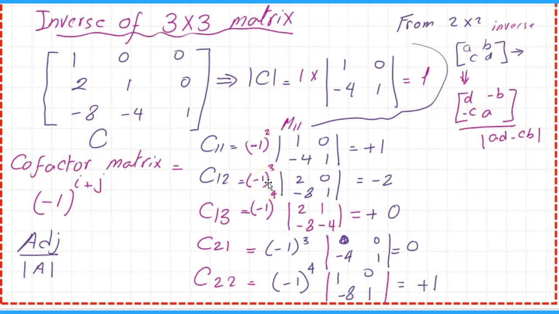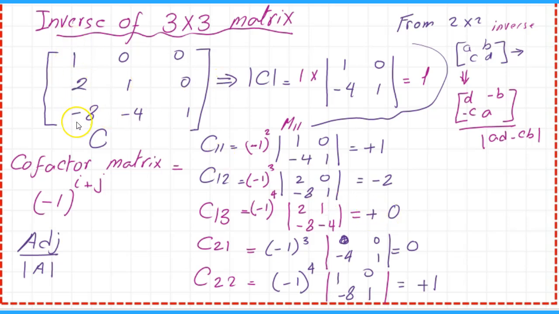Minus 1 raised to the power of 3 is minus, and this determinant value is 2, so we have minus 2. C13, we have 2, 1, minus 8, minus 4. Minus 1 raised to the power of 4 is positive, and this is minus 8 plus 8 equal to 0.